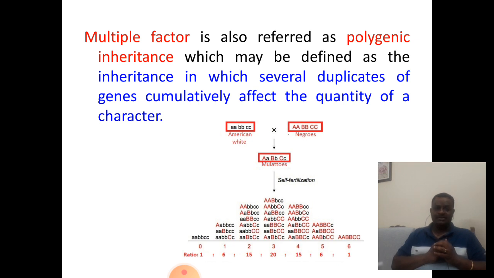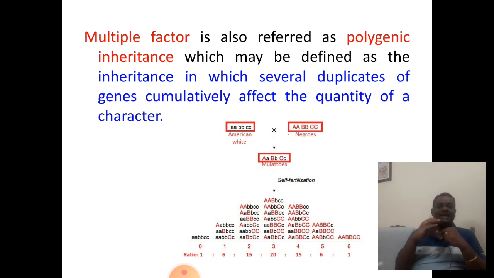an organism. So here in the picture, when we look at the same classical example, the skin color in man, we find here three dominant genes A, B and C control the character of skin color in man.